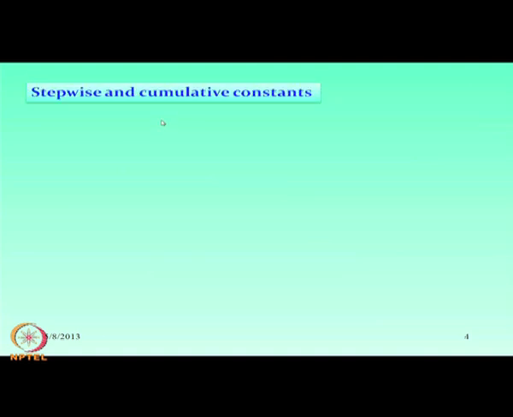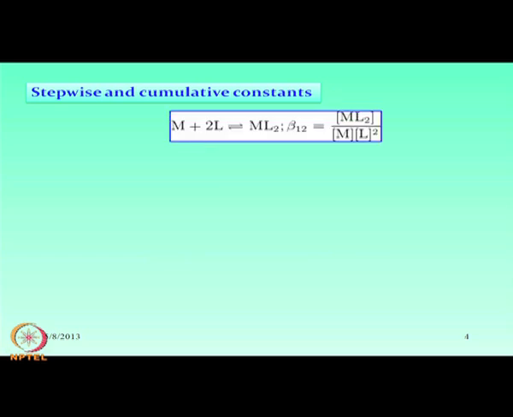So, in that particular case we will find that both stepwise and cumulative constants are functioning when we can add more than one L to the metal ion. That means we can go from M plus L to M plus 2L.